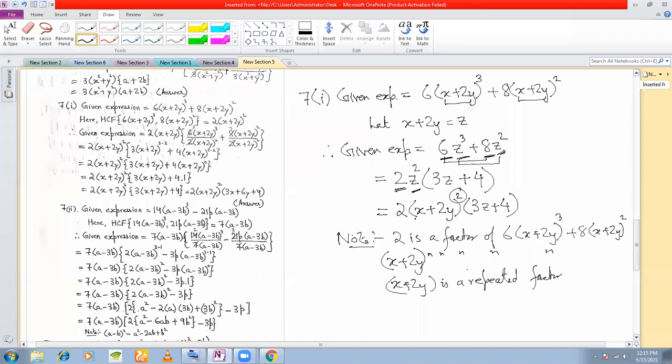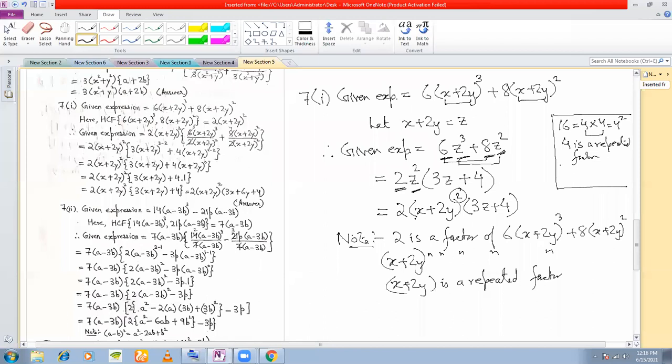Okay, what do you mean by repeated factor? Let us take an example. So you have 16. 16 is equal to 4 into 4, right? So you see 4 into 4, this 4 is a repeated factor of 16, because you can write this as 4 square. Okay.